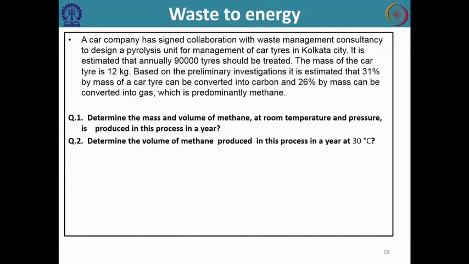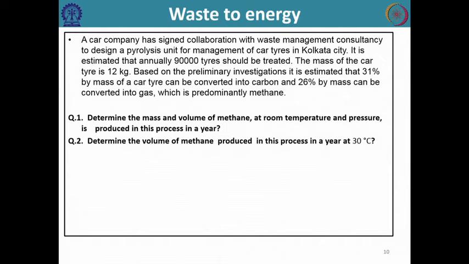In the last part of the tutorial, we will be using the waste to energy numerical that is related with pyrolysis. The question is, a car company has signed a collaboration with a waste management consultancy to design a pyrolysis unit for the management of car tires in Kolkata city. It is estimated that annually 9,000 tires could be treated.